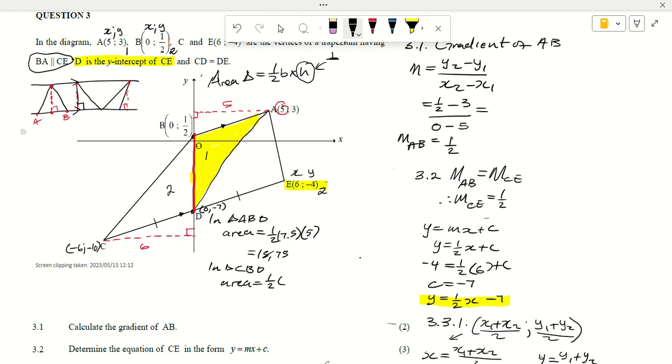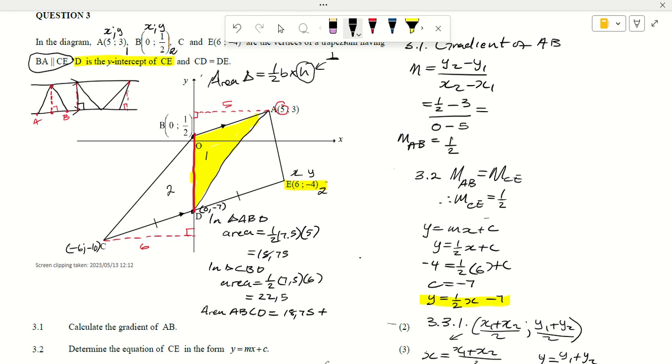The base is still the same, it's BD, which is equal to 7.5. Now the height is different because it's 6. And if you press that into your calculator, you'll find that the area of that triangle is equal to 22.5.